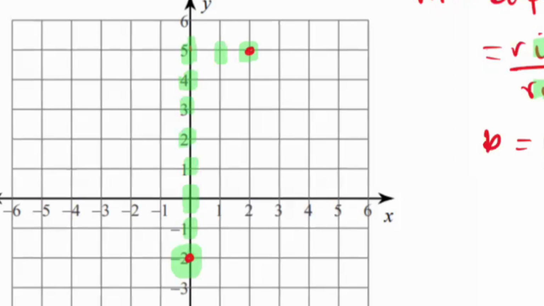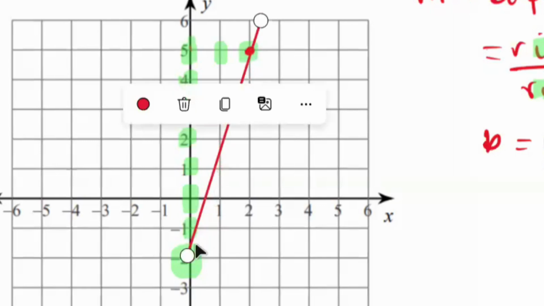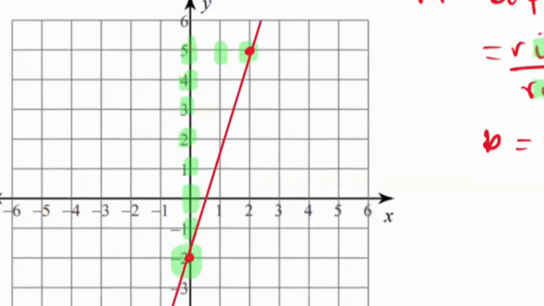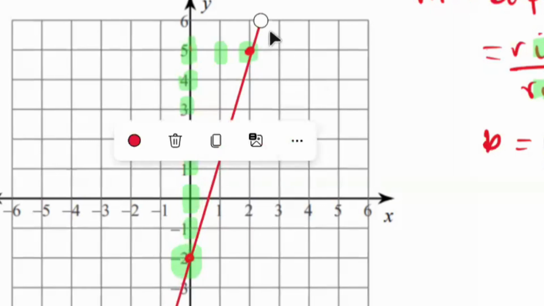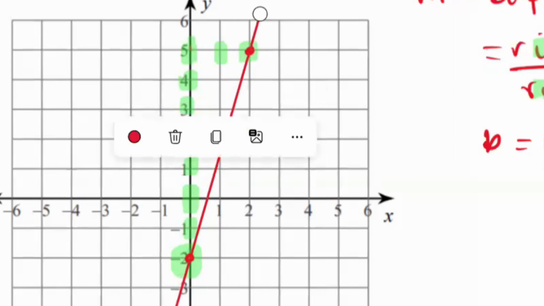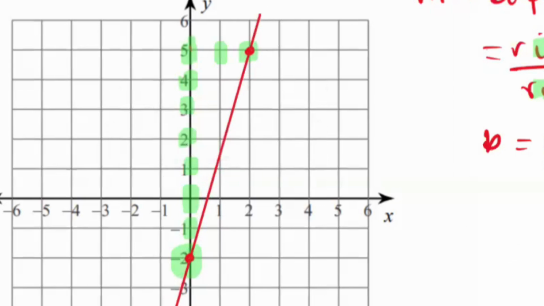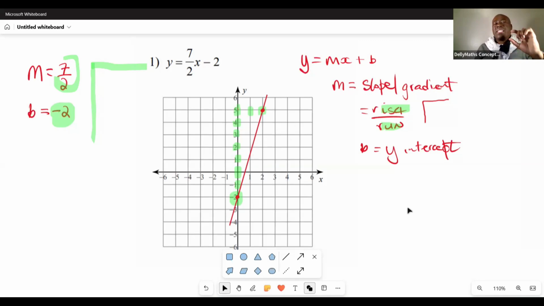And all we're going to do after that is just to pick a line, and we're going to connect these 2 points. And there we have it. We would have represented that graph for that line. So that's the graph for y is equal to 7 over 2x minus 2.